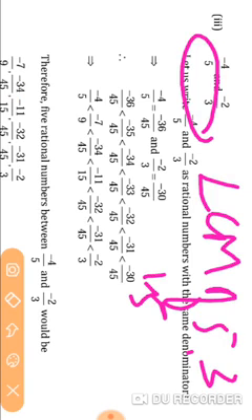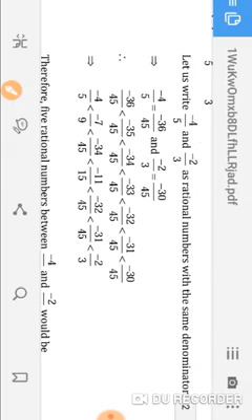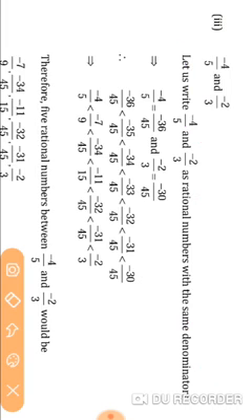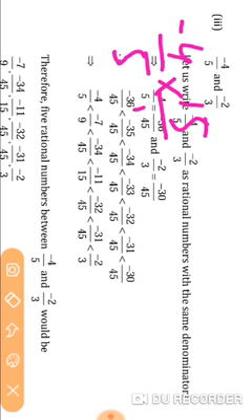We know the method of making the same denominator by taking the LCM of the denominators in fractions. Have you studied it or not? Remember or not? So for minus 4 by 5, multiply by 15 over 15.